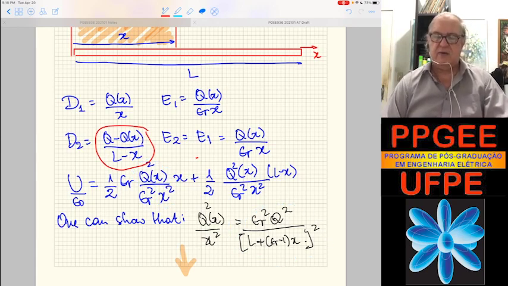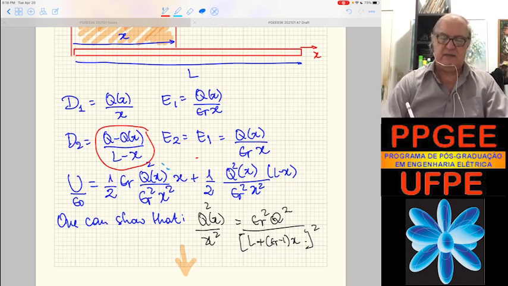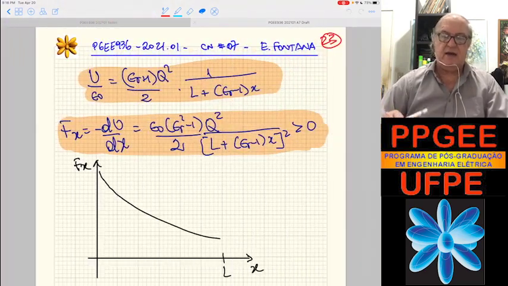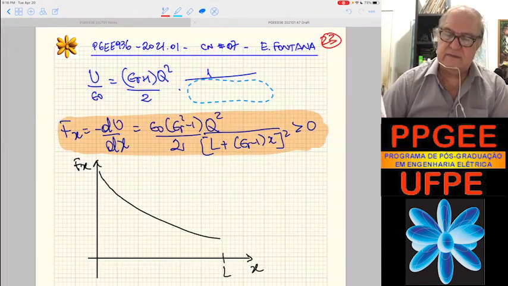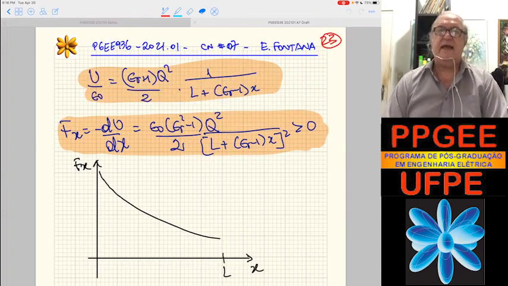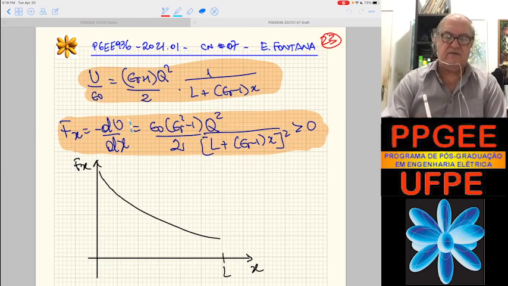Those factors are present here, right? We have an L minus X there. So you can calculate the energy now. It's going to be a function that has an inverse function here. And again, you can calculate the internal force.